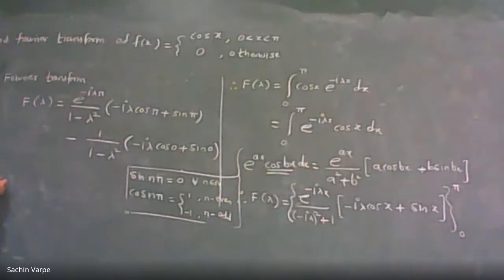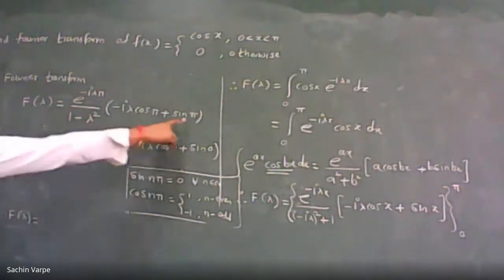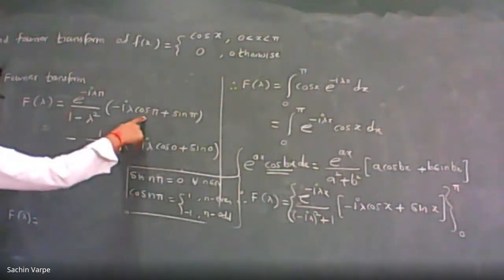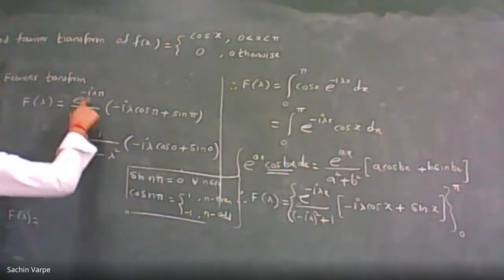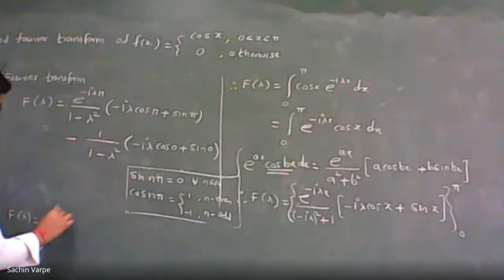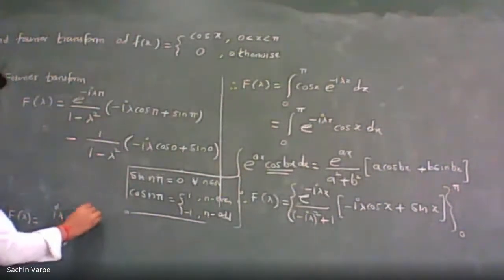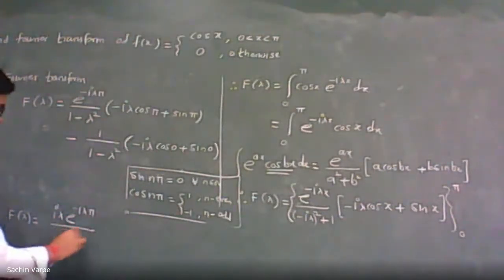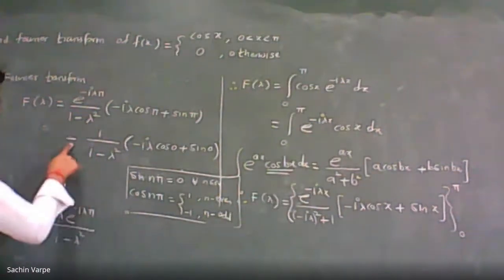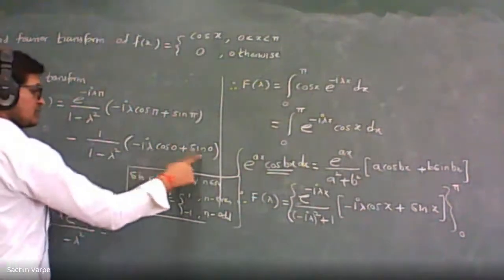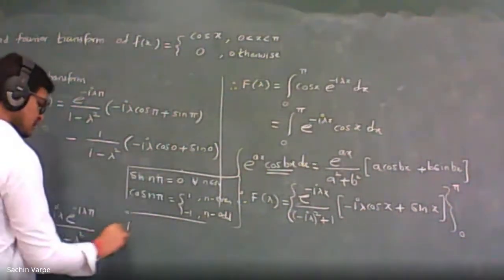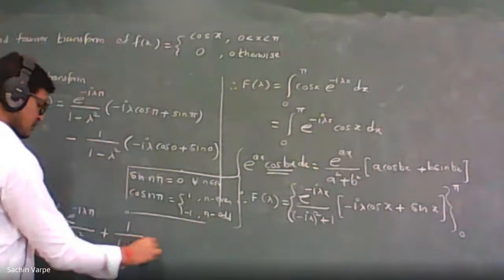So what will f of lambda be equal to? Sin pi is 0, cos pi is minus 1, minus minus plus, so i lambda e raised to minus i lambda pi upon 1 minus lambda square, minus, this is 1, this is 0, so minus minus plus 1 upon 1 minus lambda square.